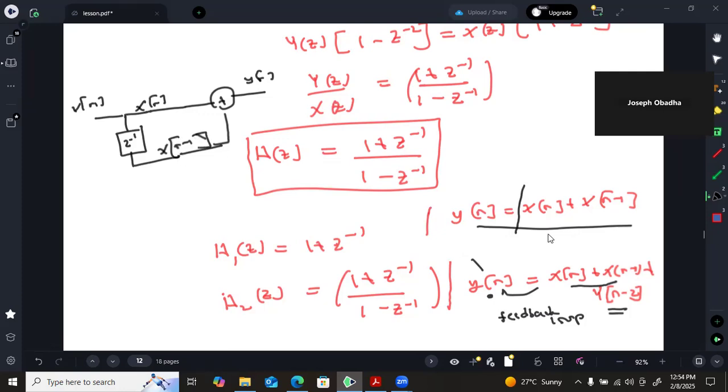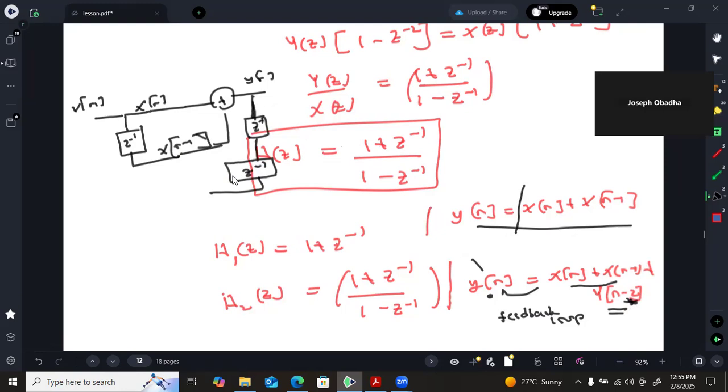But we need to bring this part. So it means I have to get the output delayed by 2 units. One unit there, maybe I delay by another unit, z minus 1.